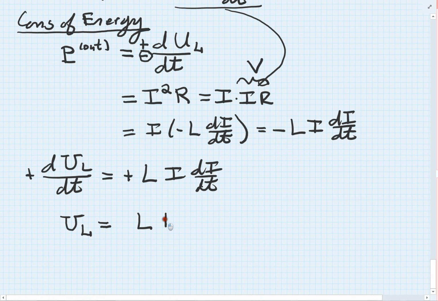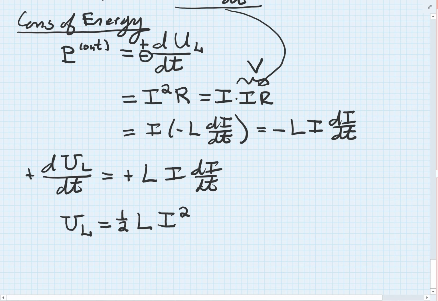It sounds a lot like the derivative of I squared. Let's test that. If I take the derivative of this with respect to time t, I will get L. That's good. I'll get a factor of 2. Oh, I don't want a factor of 2, so I better put a half. Now I won't get a factor of 2, but I'll get I back, and then I need the time derivative of I by the chain rule, so this equation works.